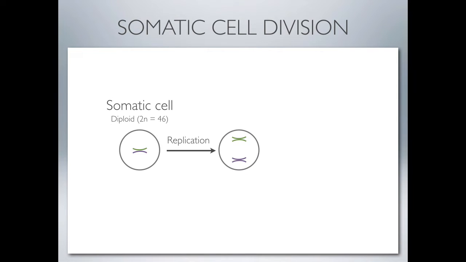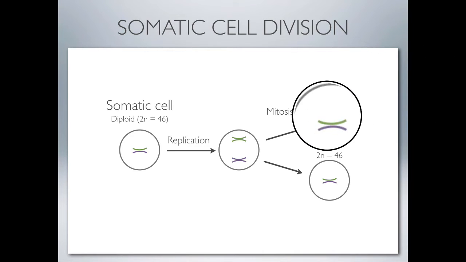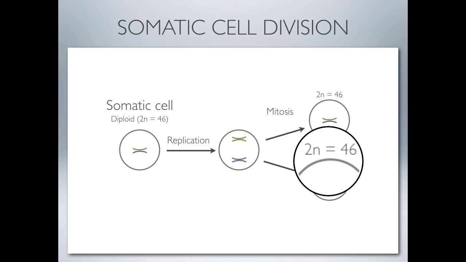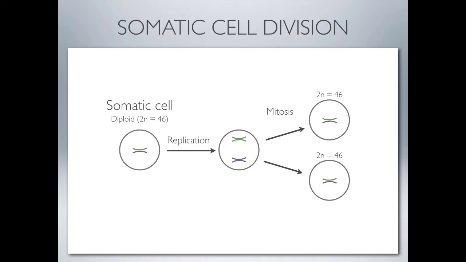So for each of those complementary chromatids, we produce an identical copy. And then through the division of the cell, we have mitosis, so that we end up with two diploid cells that look just like the one that we started with. Okay, so by diploid, I mean you've got, again, 46 chromosomes on each of the daughter cells here, just like the cell that we began with.